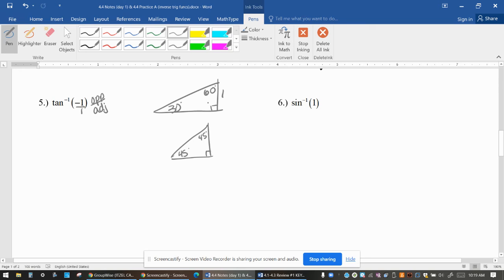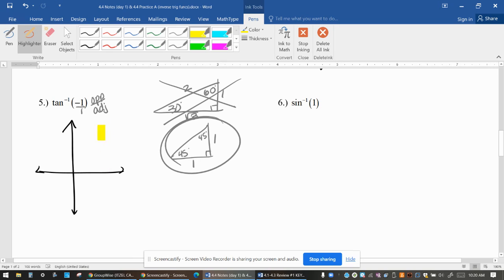Okay, so 30, opposite over adjacent, that's not going to reduce to -1 or 1. So it can't be 30. What about 60? Opposite over adjacent. Nope. 45. Opposite over adjacent. Yep. So then you know it's going to be a reference angle of 45 degrees.